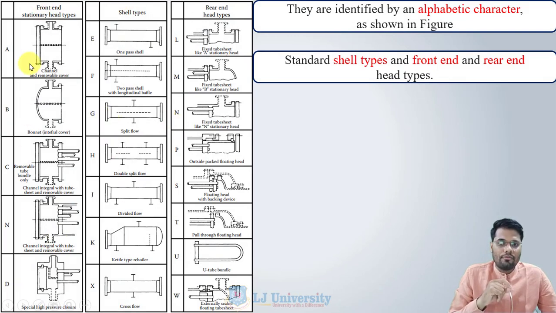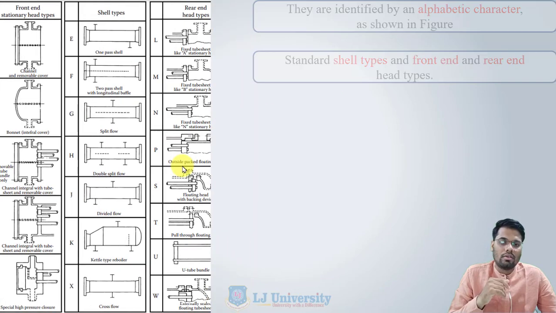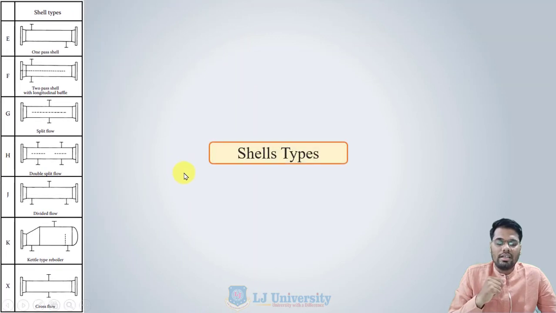This column shows the front end stationary head types. This column shows the different shell types, which are generally denoted by alphabets, and this column shows the rear end head types. They are identified by alphabetic characters as shown in this column: E, F, G, H, I, J, K. Now let's discuss the different shell types.